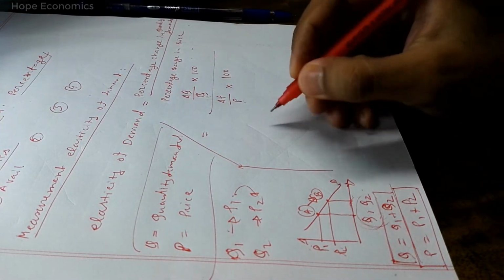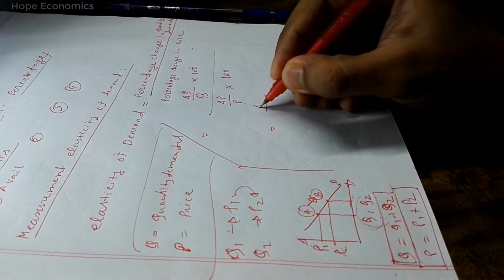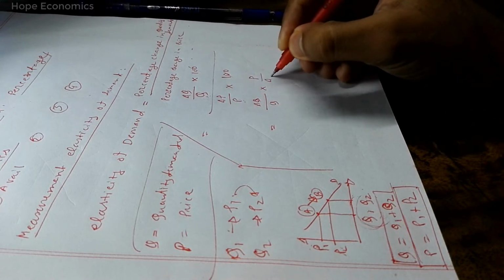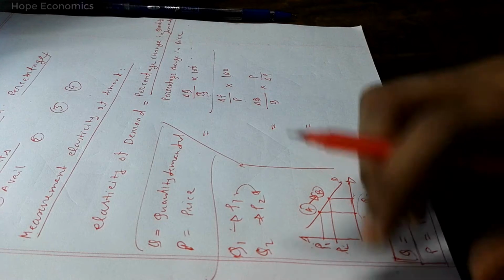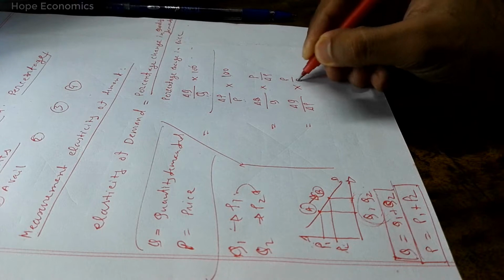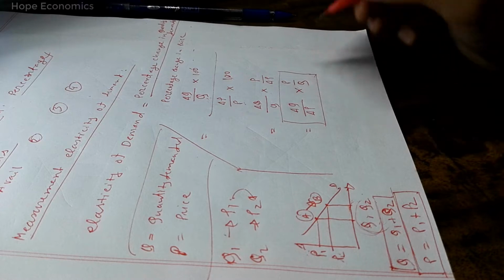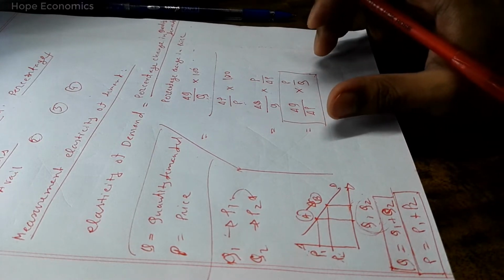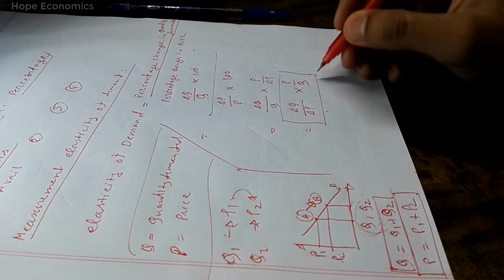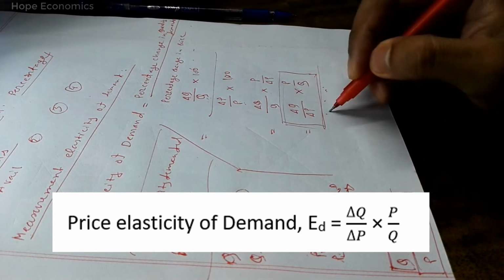We can make it simpler, through our simple mathematics, to del Q by del P into P by Q. So this is the basic look of the law of elasticity. In this case we consider it as the price elasticity of demand. This is the law of price elasticity of demand.